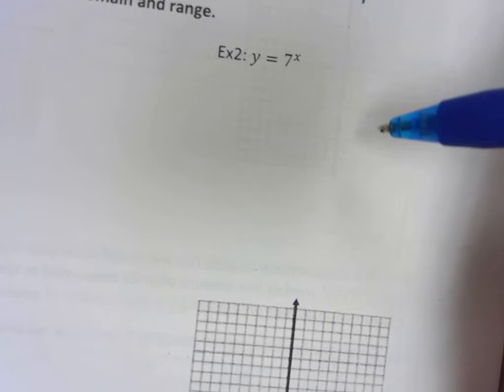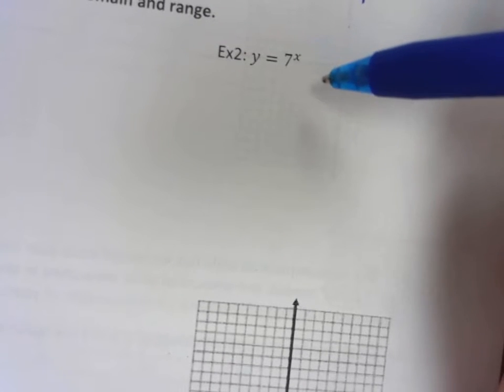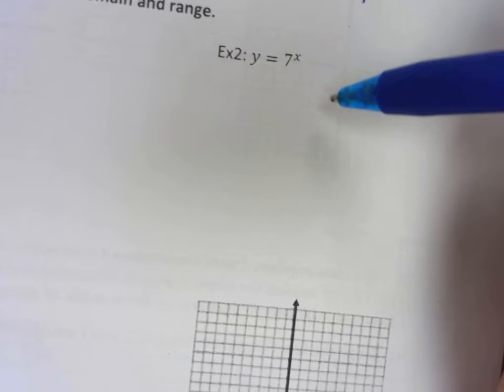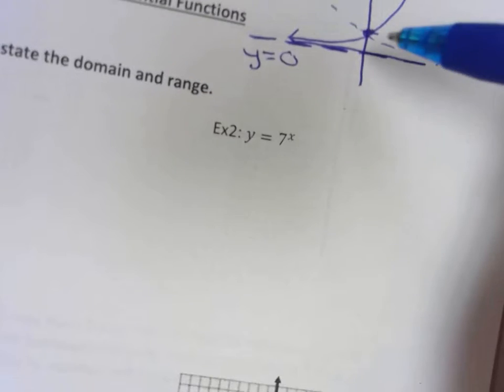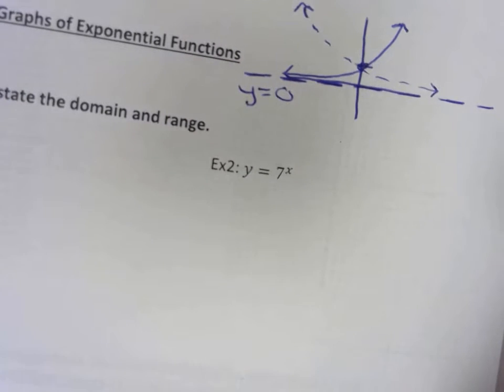More specific: the x is the what? Exponent. The variable is the exponent. Anytime the variable is the exponent, this is an exponential function. So in the back of my mind, I'm thinking my graph should end up having some shape like this.